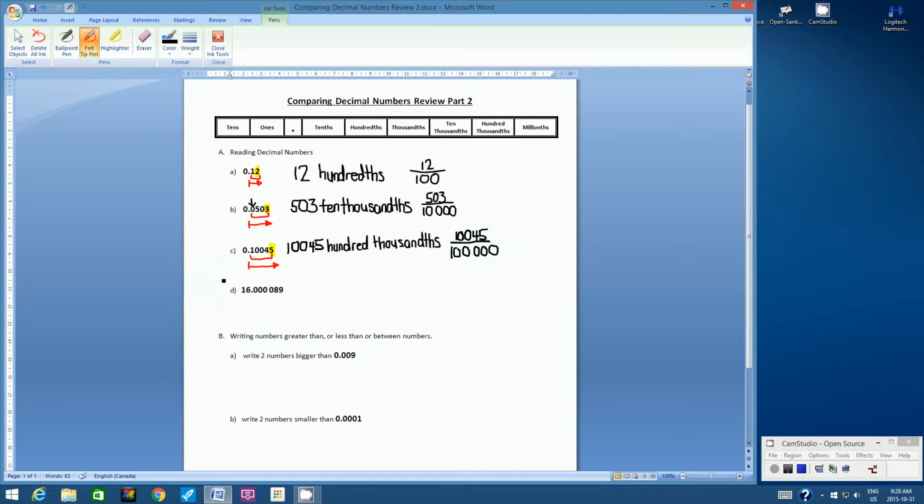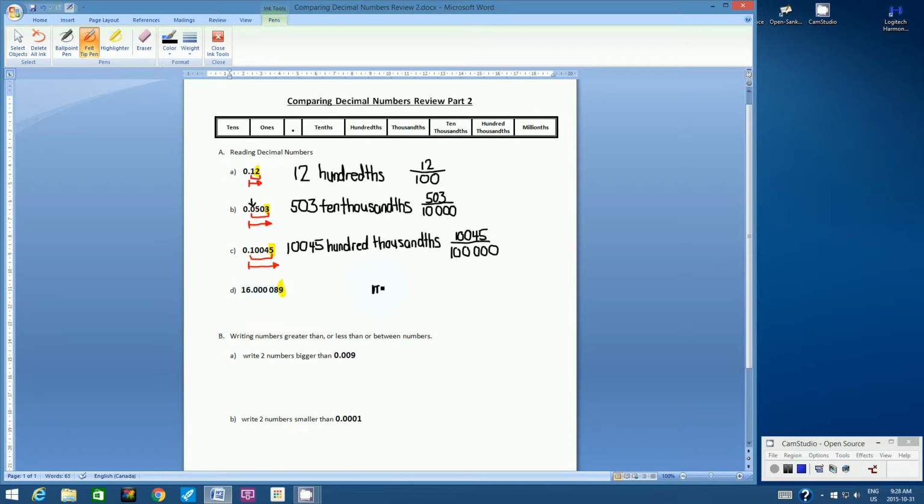Okay, so the last example, I've added a little bit of a twist, but let's follow the steps that we know. So with my highlighter, I'm going to identify and highlight the last digit. So let's see what place value column the 9 is in. So let's count from the decimal: tenths, hundredths, thousandths, ten-thousandths, hundred-thousandths, millionths.